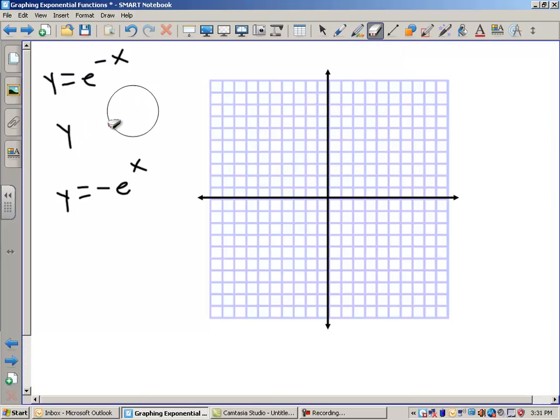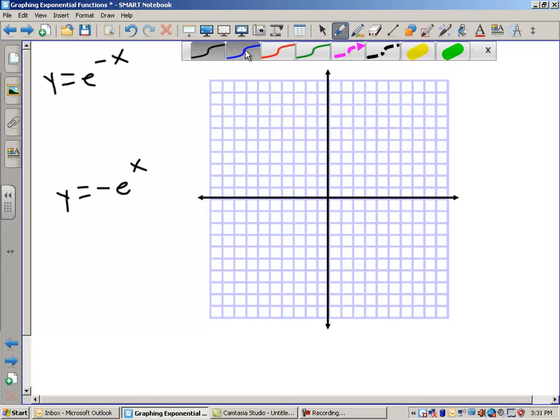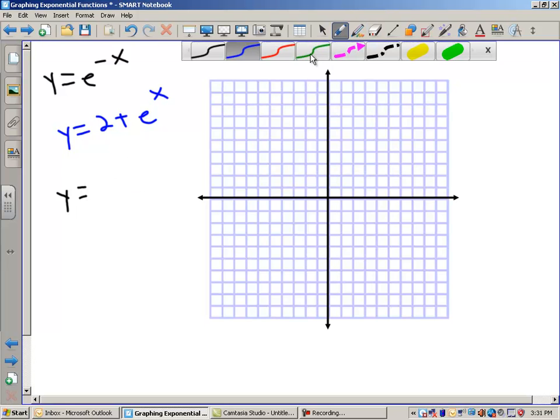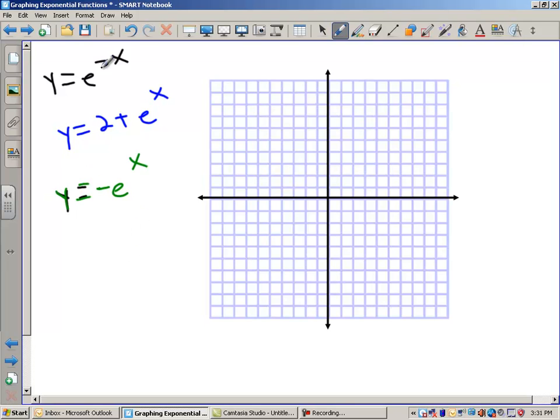So we're going to have this one in blue, and then we'll do this one. We'll do that one in green. Okay, so here we go. e to the negative x is going to look like this. It's still going to go through 0, 1.